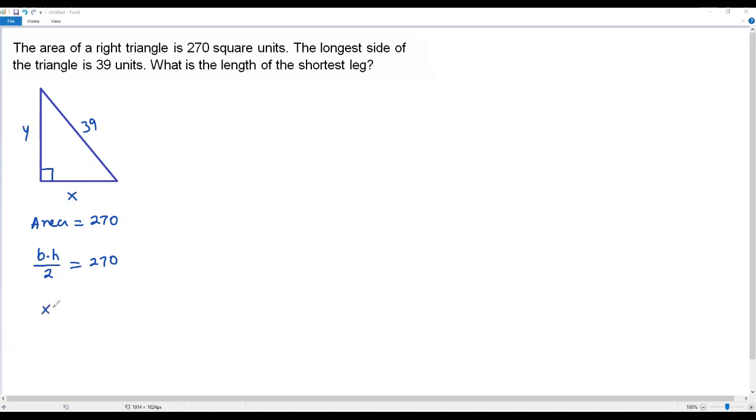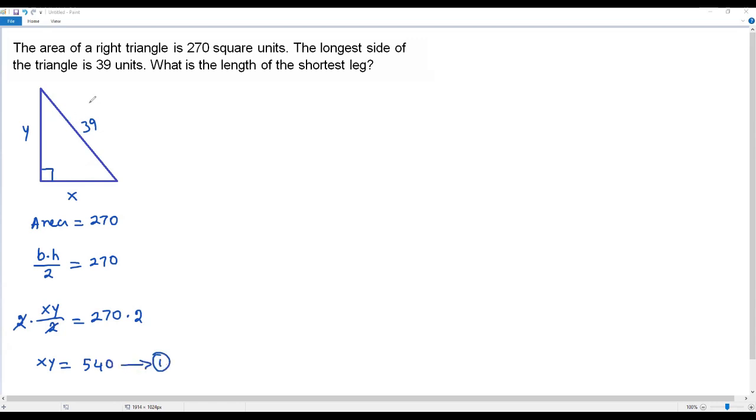Then I'm getting x times y over 2 equals 270. Now I multiply both sides of this equation by 2 to get rid of the denominator 2. When I multiply both sides by 2, this 2 will cancel. I'm getting x times y equals, when I multiply 270 by 2, 540. Let me call this equation number 1.